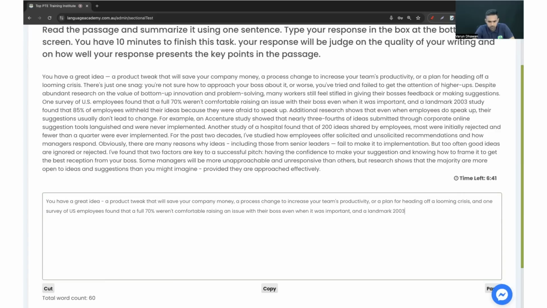Don't change anything and try not to cut short the sentences.